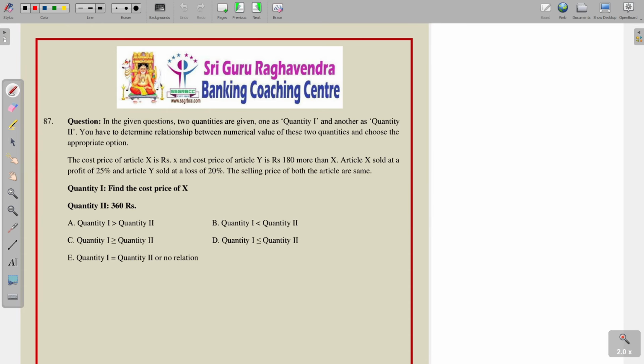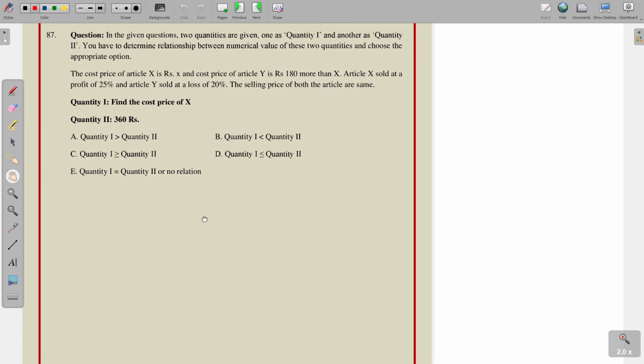from these two quantities. First one is the cost price of article x, it is x, this one is cost price, and cost price of article y is 180 more than x.